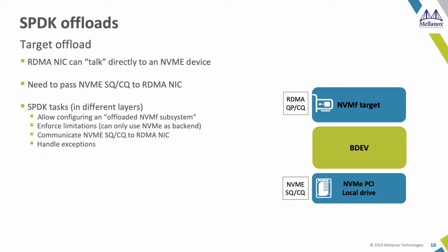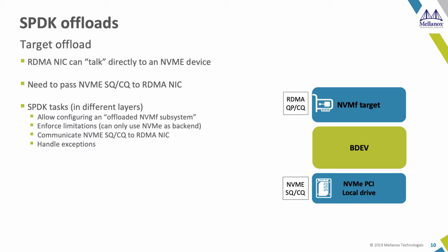So, for instance, in the example of offloading the target traffic directly to an NVMe disk, which is something we already showed last year, today we have it already running in a demo. Sasha will show you the results.